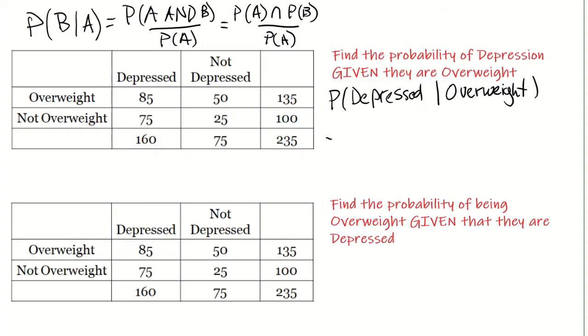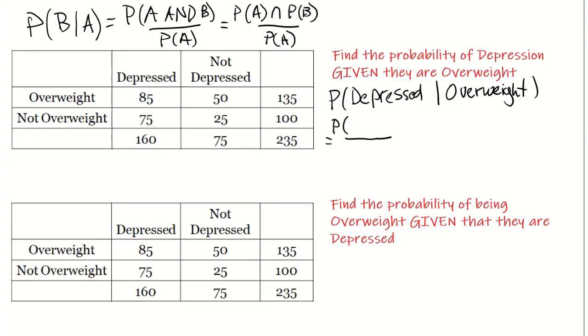So with contingency tables, I'm going to start with the denominator. The denominator is going to be the probability of being overweight. So let's put this right here.